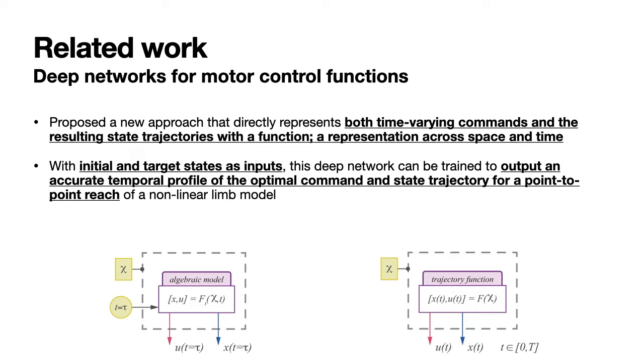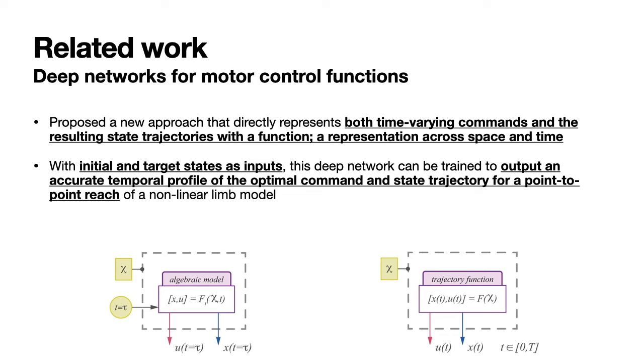I referred to this paper to explain the relation between motor input and trajectory output. We proposed a new approach that directly represents both time-varying commands and the resulting state trajectories with a function.